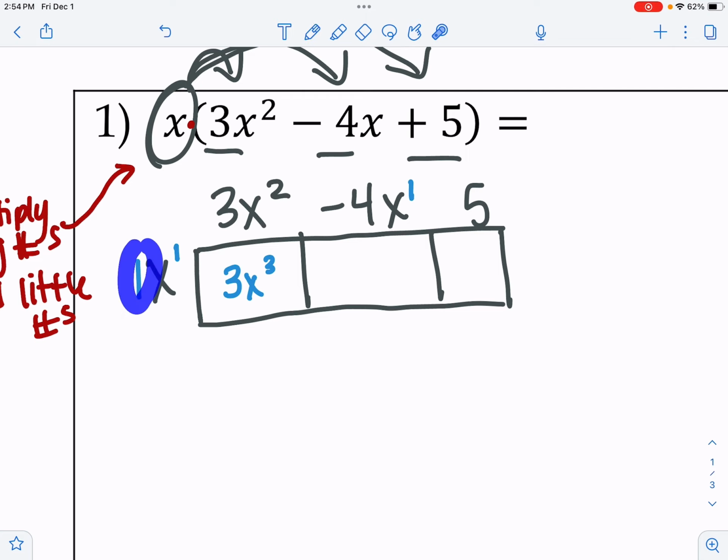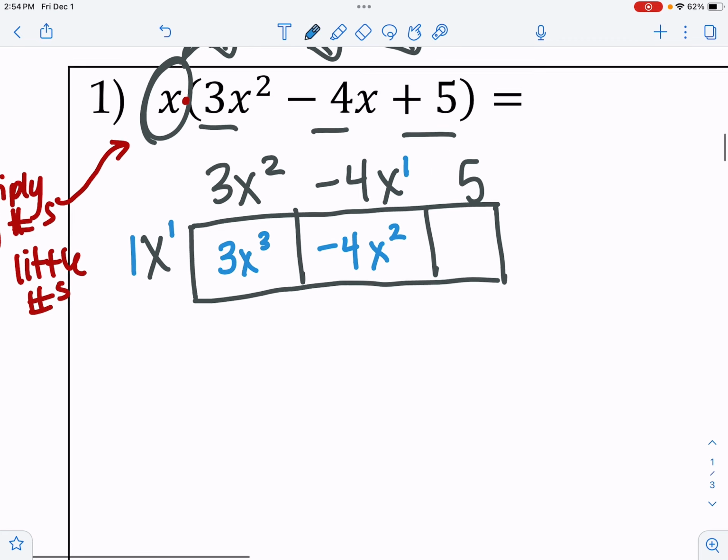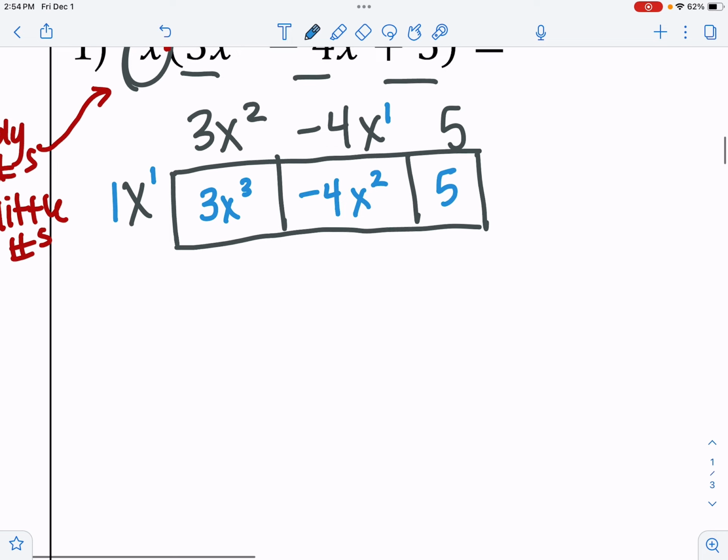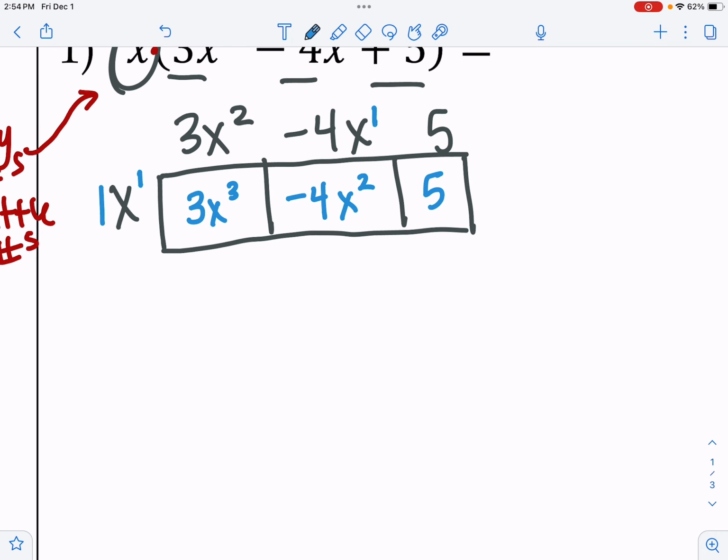And then 1 times -4 is -4, and then 1 plus 1 is x2. Multiply big numbers, add little numbers. 1 times 5 is 5, and then we still have the x1.